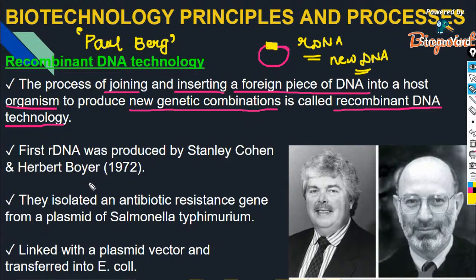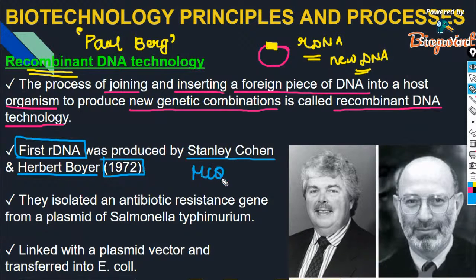Clear? Now we are discussing recombinant DNA technology, and we have to discuss the first rDNA. The first rDNA, that is recombinant DNA, was produced by Stanley Cohen and Herbert Boyer in the year 1972. Very important, 100% guaranteed MCQ question.